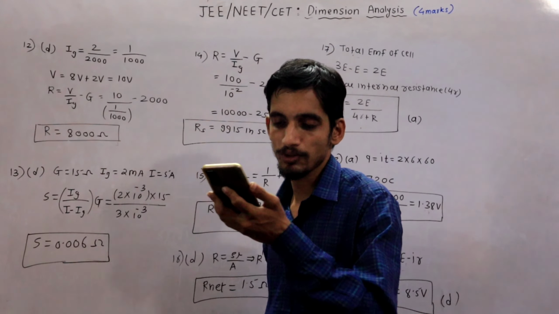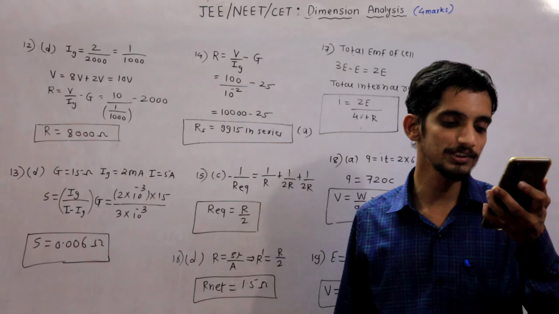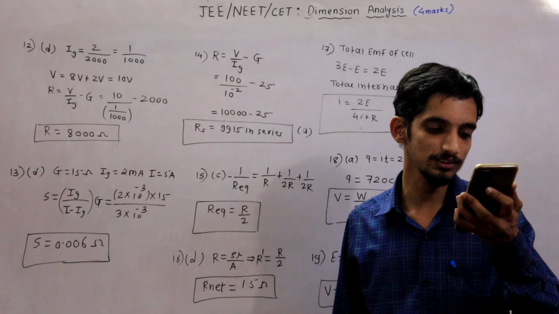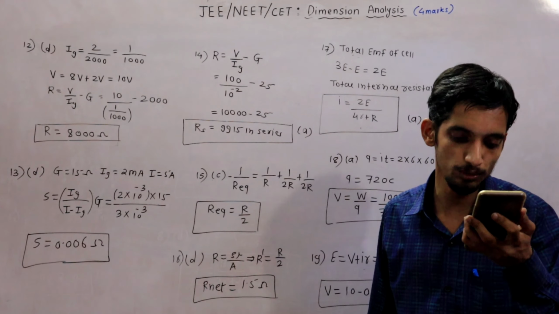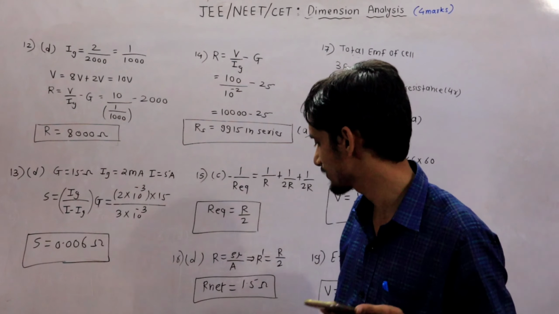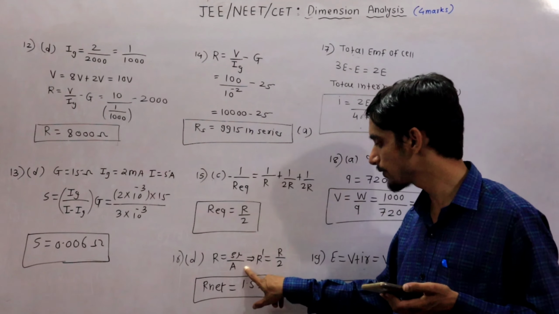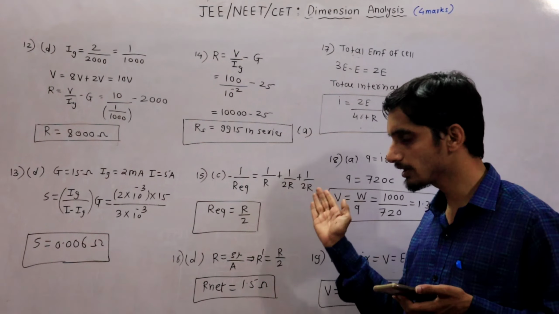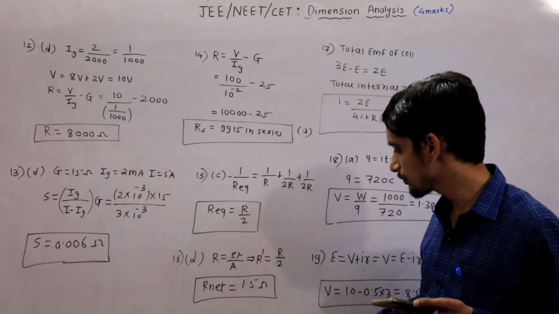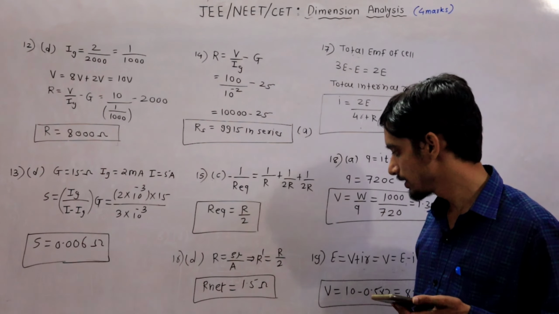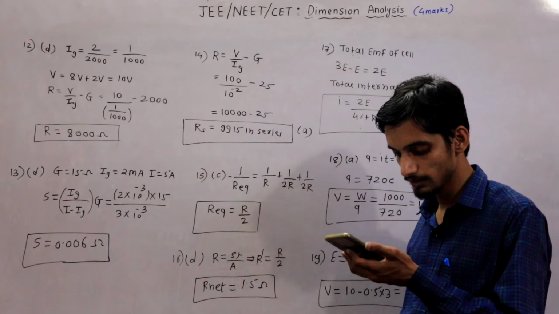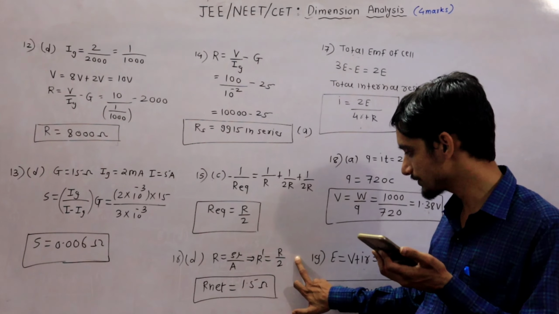Then question number 16. A wire has a resistance of 6 ohm. It is cut into two parts. Both halves are connected in parallel. New resistance is. We know that R is rho L by A. So if we cut a wire into two equal halves, then each resistance is also half, R by 2. Now if we connect them in parallel, what happens in that case?